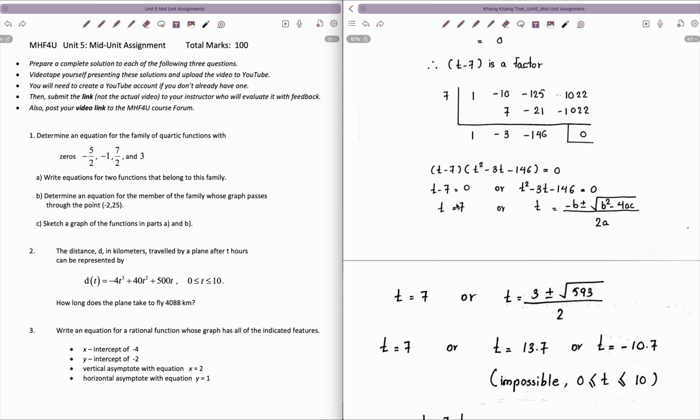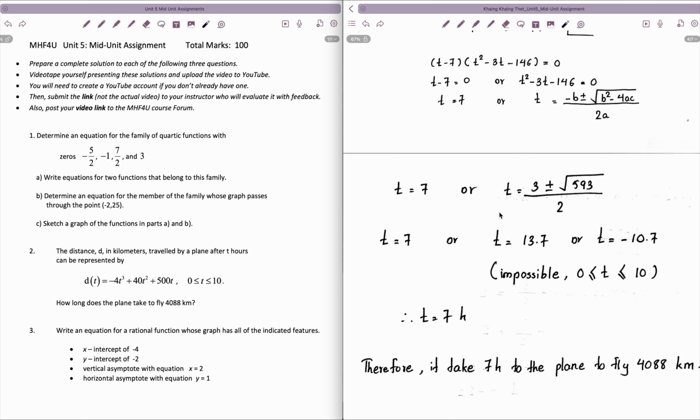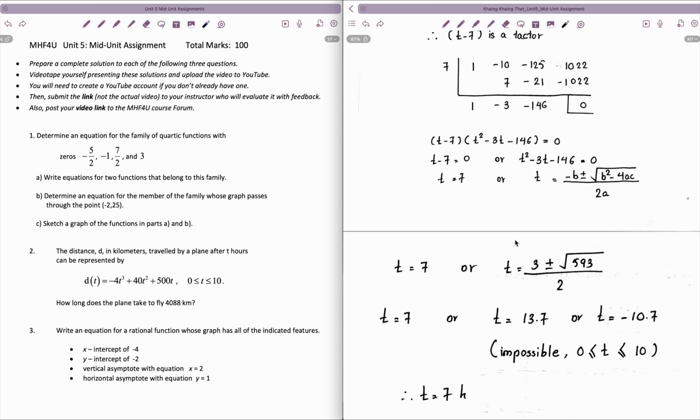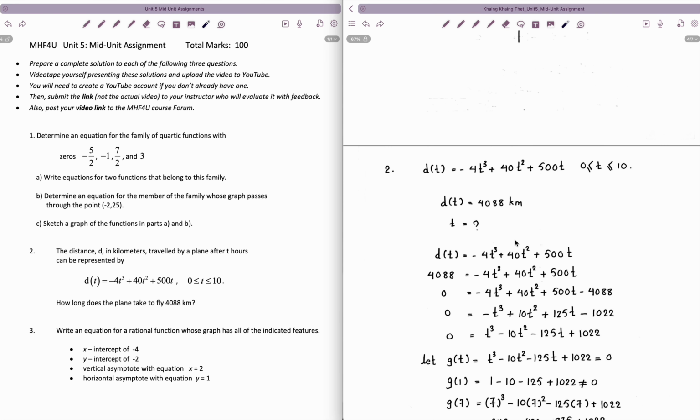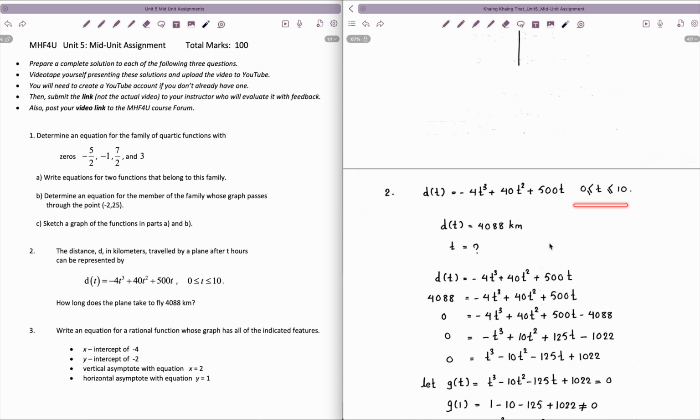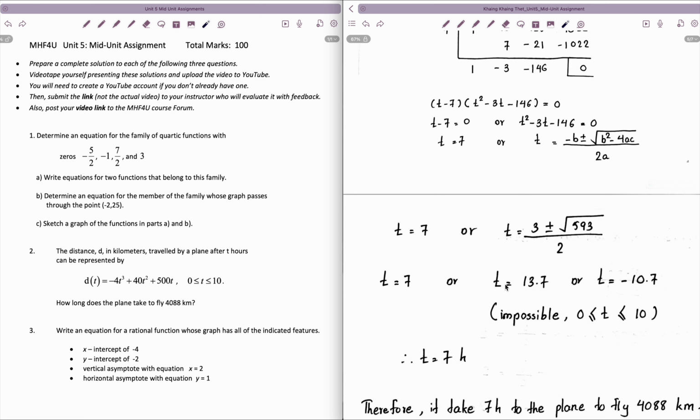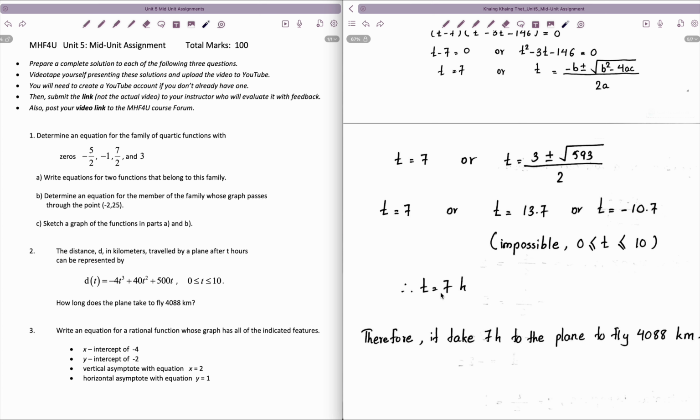So we get the value of t is 7 or 13.7 or minus 10.7. The value of t is between 0 and 10. So t equal to 13.7 is greater than 10, which is impossible, and t equal to negative 10.7 is less than 0, so it is impossible. So the value of t is 7.